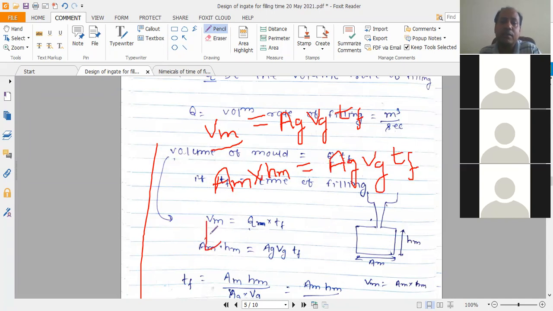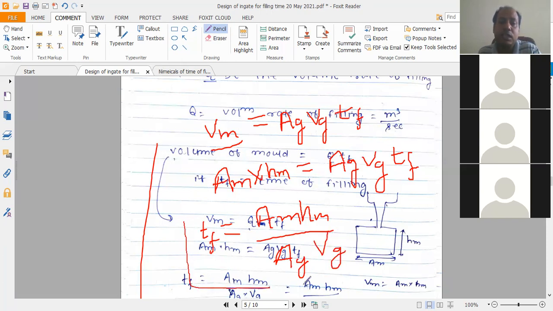So the time of filling for the top gate is equal to Am into Hm, the height of the mold, divided by Ag, the area of the gate, into Vg, the velocity of the gate. This is the formula to determine the time of filling when the gate is situated at the top of the mold.